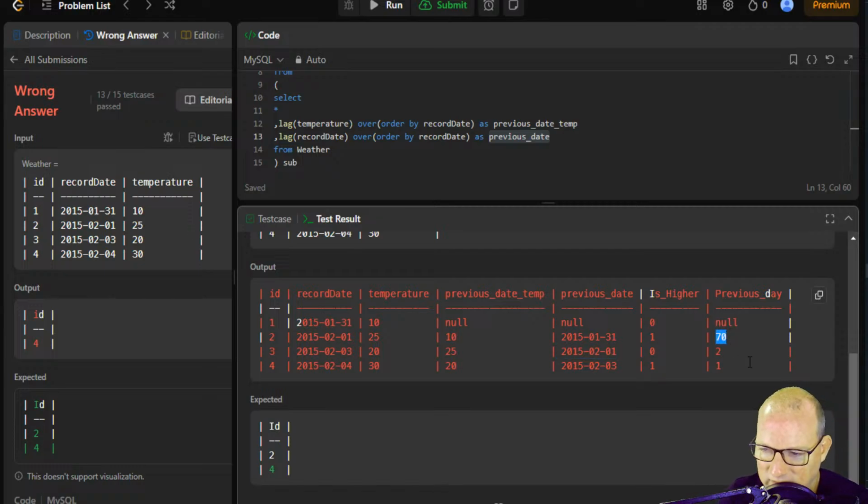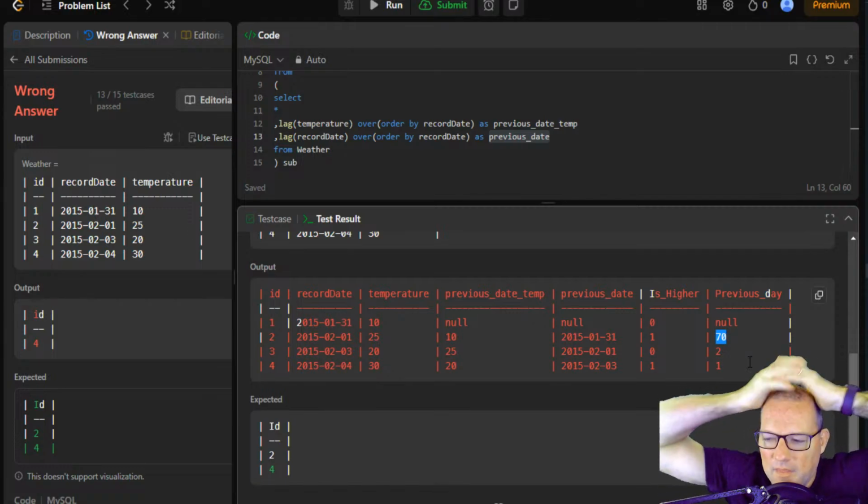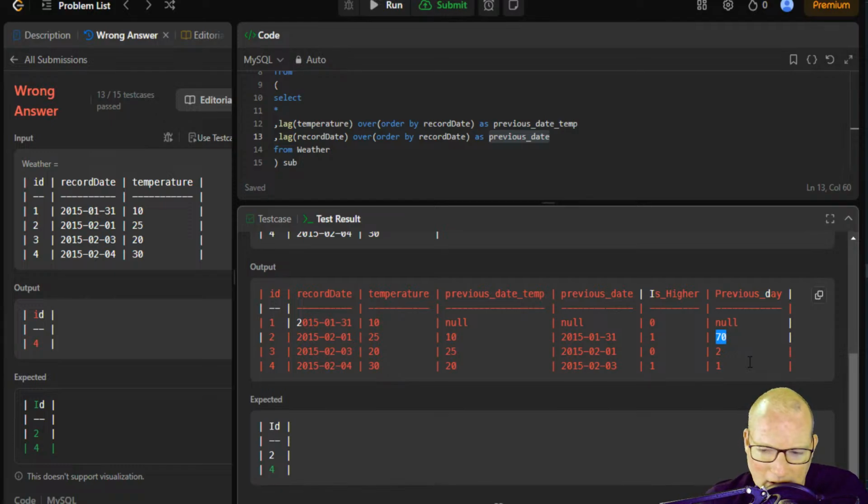Why is this 70? That's insane. Because that's not 70. That is one. That is 1 day. And I have no earthly idea why.